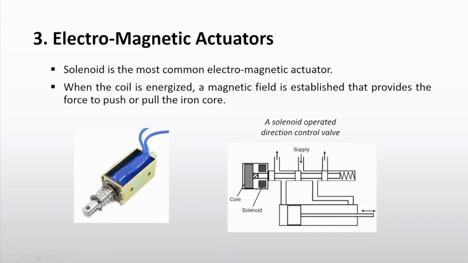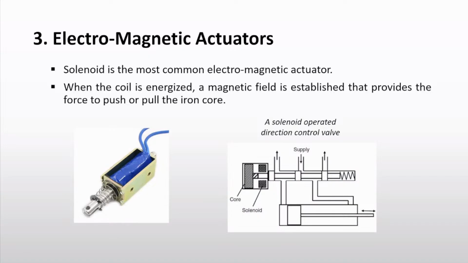In the last lecture I mentioned what an inductor is. Like that, an inductor we can also call a solenoid. So we can see a solenoid is used in the electromagnetic actuators.